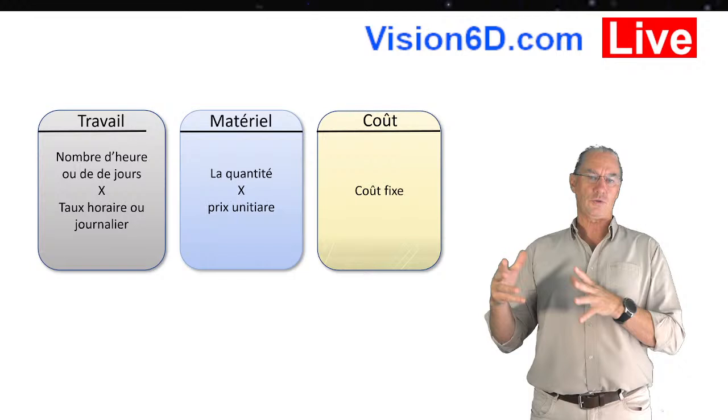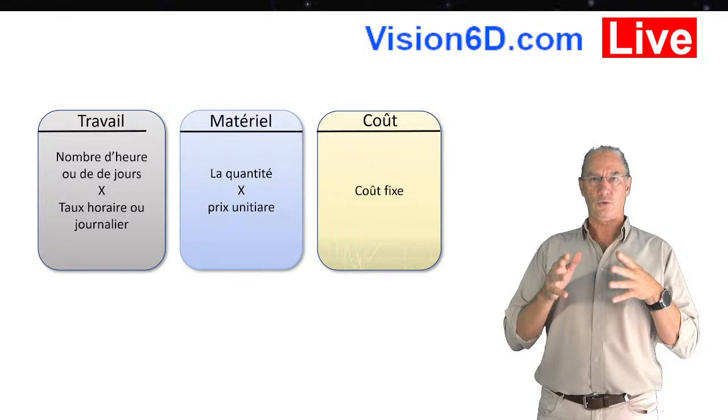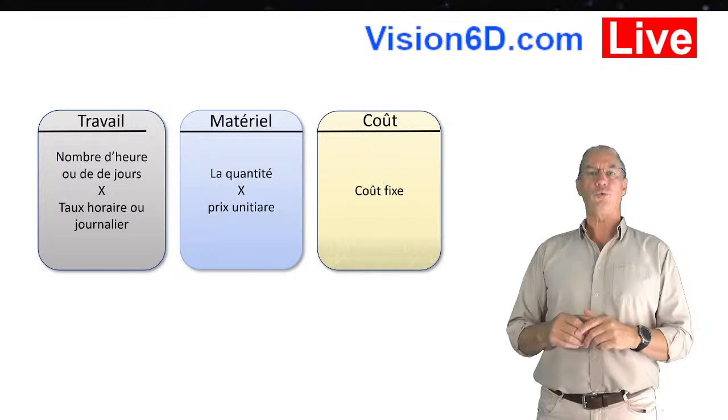This is typically a cost resource. You don't need to know the details. You know how much this resource costs, and you are just interested in the costs. This was the reminder of those different costs that we can have with MS Project.